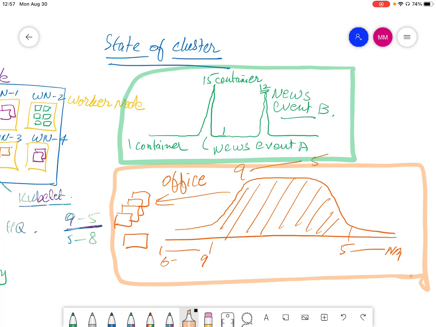And when you're designing containerized applications, you're paying attention to the usage pattern of your application, right? Is my application used every day, or is it used once a week? There are some reports that are run in companies weekly, monthly, quarterly, yearly, right?